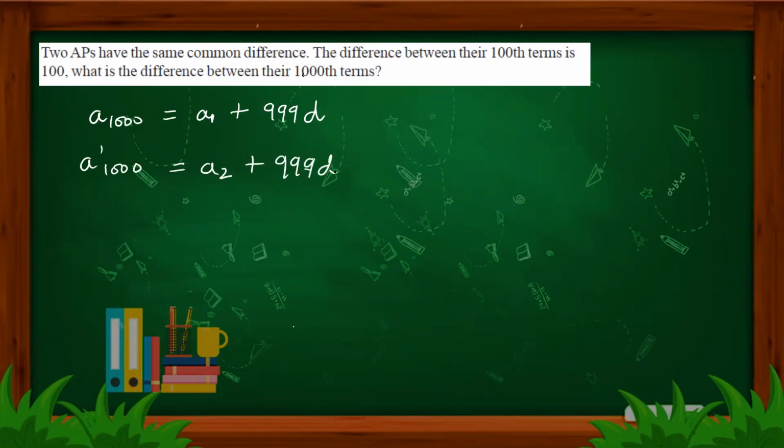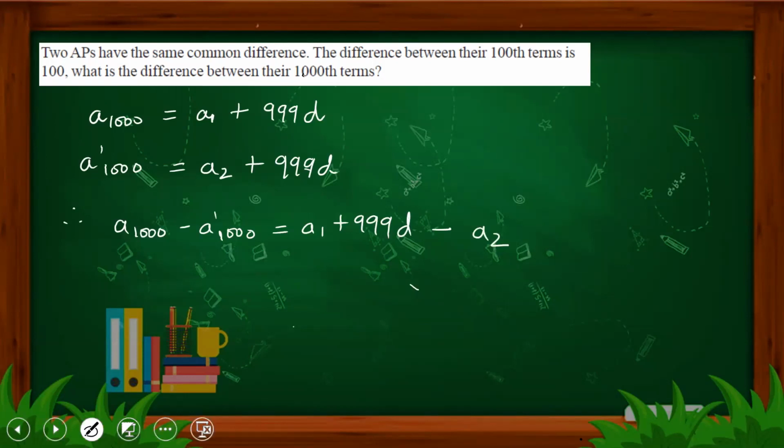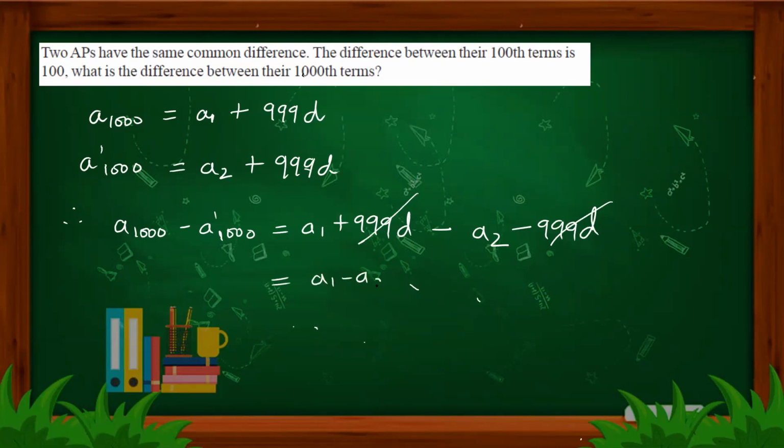We need to find the difference of these two. So A1000 minus A dash 1000 is A1 plus 999D minus A2 minus 999D. This gets cancelled. This is equal to A1 minus A2, and we know A1 minus A2 is equal to 100. Hence the difference between the thousandth terms will also be 100.